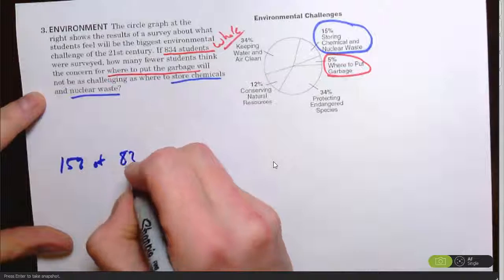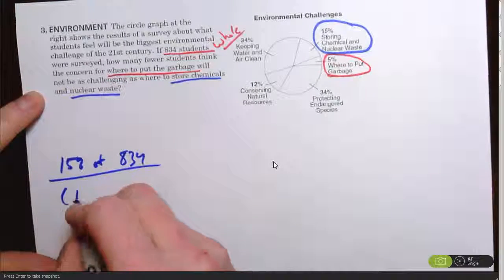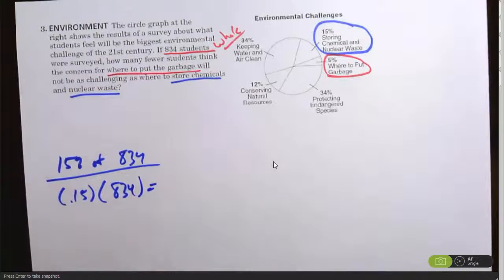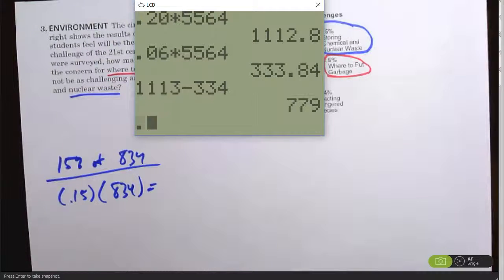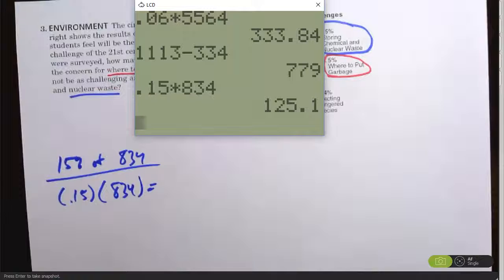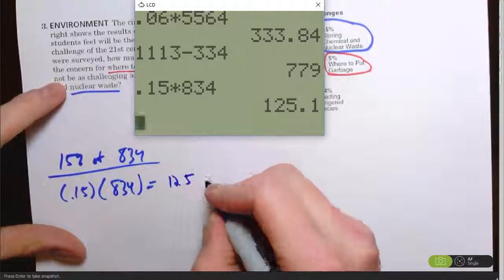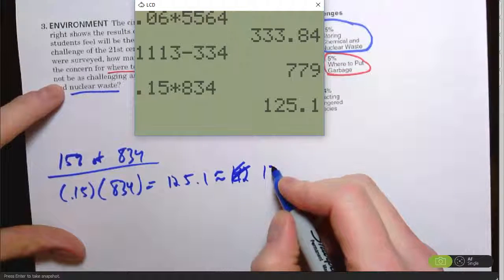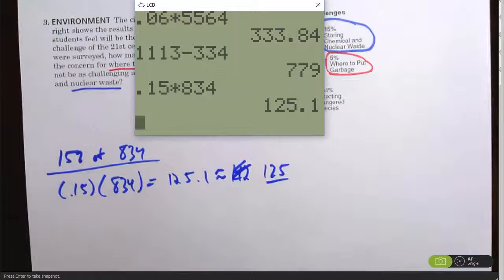of 834. So 0.15 times 834, which is 125. We'll just say 125. Now we're at about 5% for where to put the garbage.